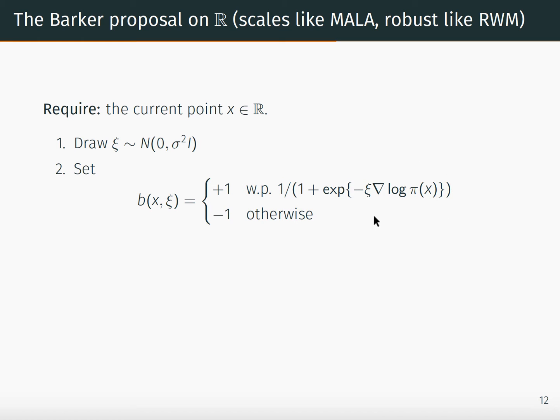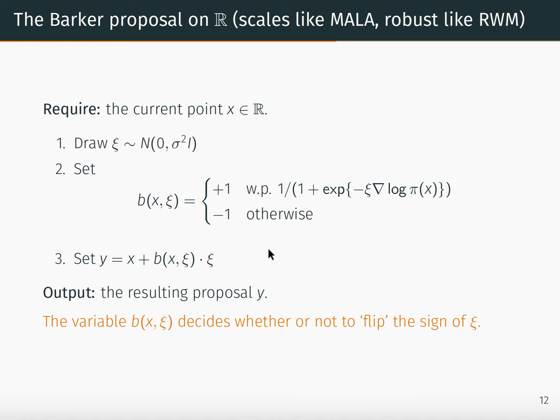So that's where we get the informedness in the proposal. And we're going to set y to be x plus b times xi. So the idea is that this variable b decides whether or not we should flip the sign of our random noise. We're just working in one dimension here for now. xi might be going in a good direction or a bad direction, and b is going to help us steer it in the right direction.